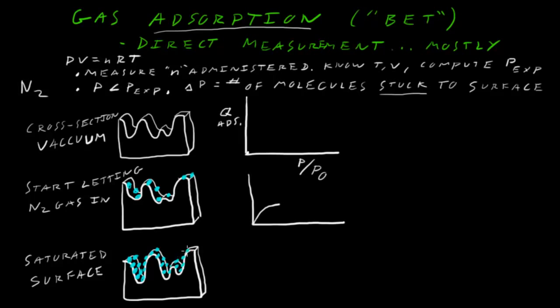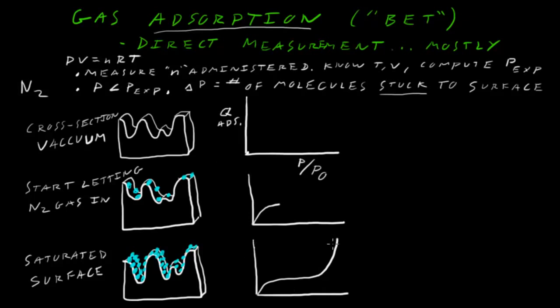When we've reached that, that's a plateau in this line, because no matter how much we increase the pressure, no more gas gets absorbed, until finally we increase the pressure so much that it starts raining nitrogen, and it looks like a whole lot of nitrogen is being absorbed, but in fact it's just making liquid, which is not really the same thing as getting stuck onto a surface. So we're looking at that plateau right there. That height tells us the actual number of molecules that have been absorbed onto the surface.